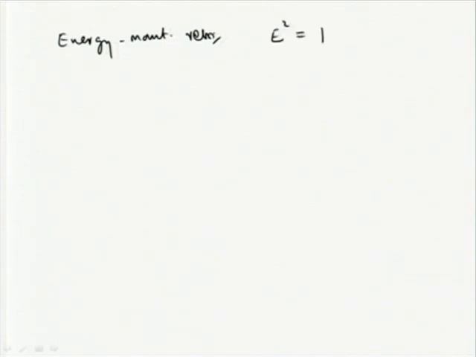E square is equal to p square c square plus m square c power 4. The operator corresponding to E is I h cross dou by dou t, and the operator corresponding to P is minus I h cross grad.